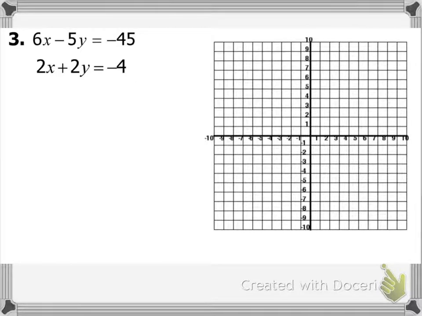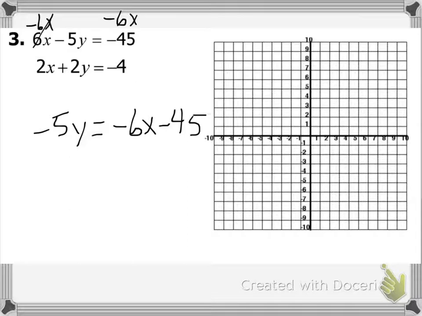So what would we say my first step was? Just subtract 6x from both sides. So I get -5y equals. Can I combine -6x and -45? No, so I leave it as -6x minus 45.